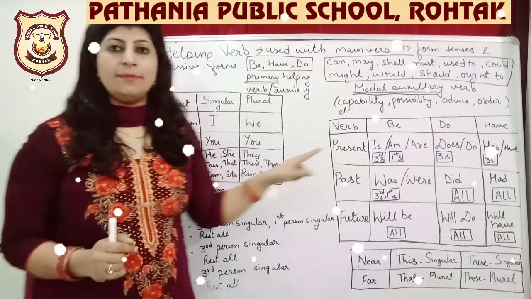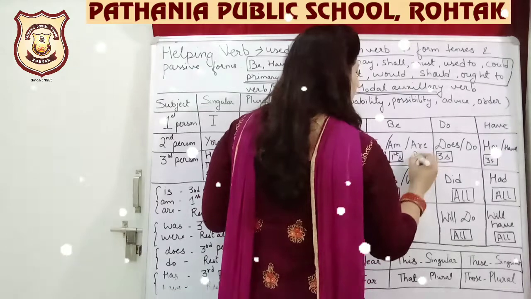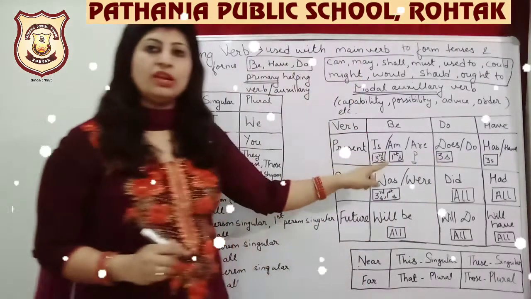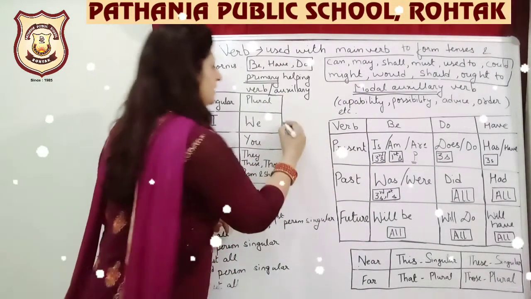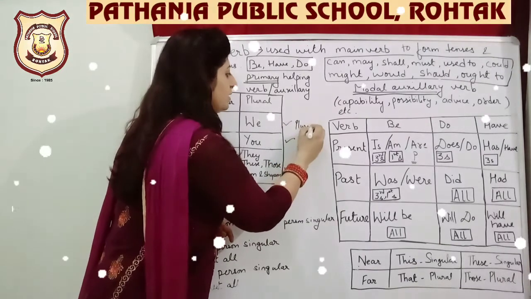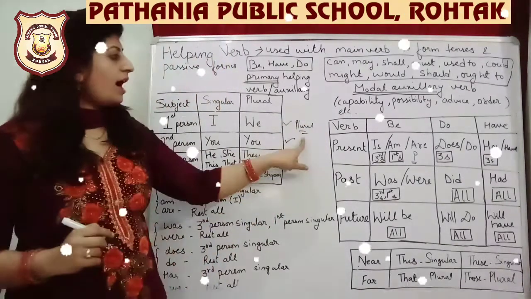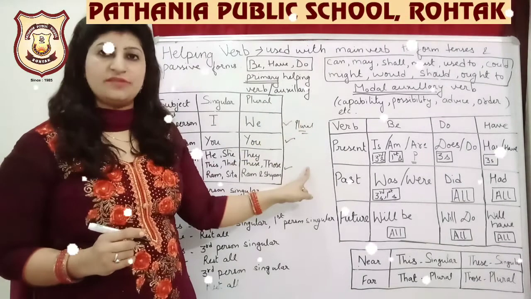So are is used with plural only, but it can be used with first person, second person and third person, as long as it is plural. So are has friendship with all the plurals.